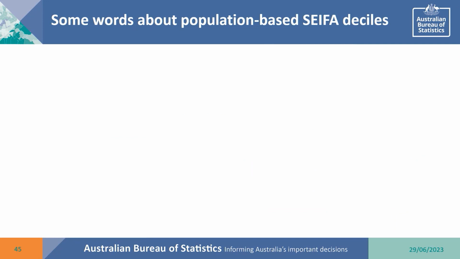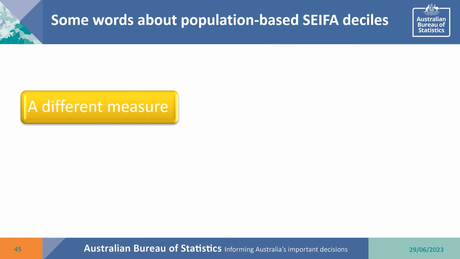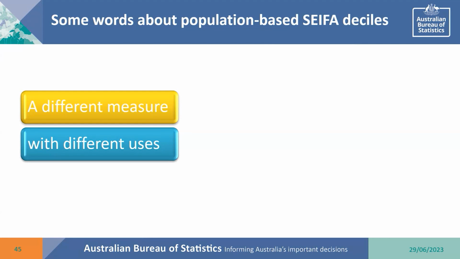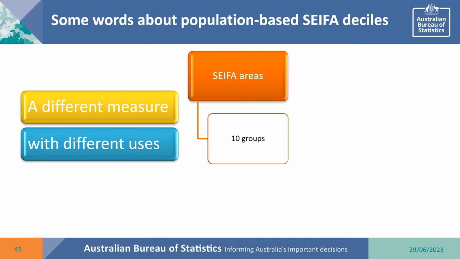Now, some words about population-based deciles. So area-based and population-based deciles, they're two different measures and they have different uses in analysis. Area-based deciles are easy to interpret because SEIFA is designed and constructed as an area-based measure. So we recommend area-based deciles for general use. Population-based deciles are calculated by dividing SEIFA areas into 10 equal groups in such a way that the population of each group is approximately equal.